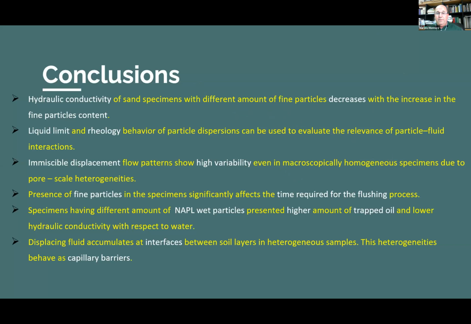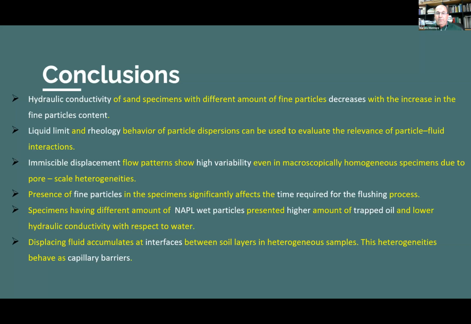The reduction of the hydraulic conductivity was more important for particles having higher specific surface area when tested with deionized water. Yet, no important difference has been found when they were tested with NAPLs. The liquid limit and rheology behavior of particle dispersions can be used to evaluate the relevance of the particle-fluid interaction phenomenon.